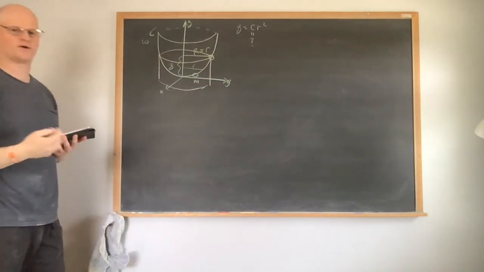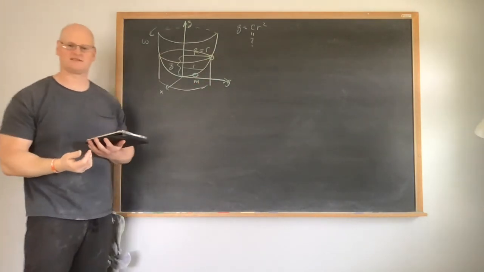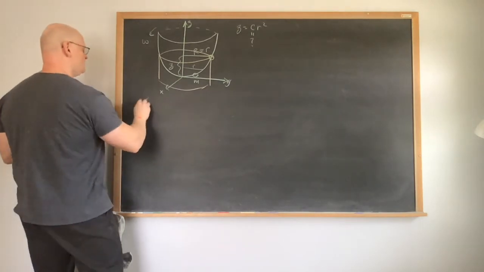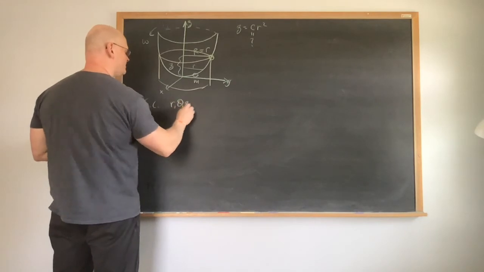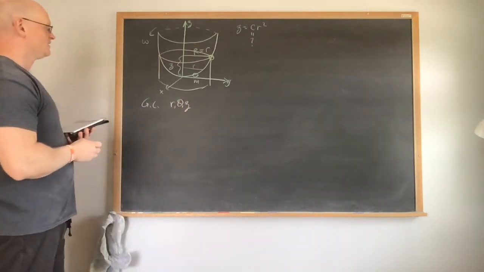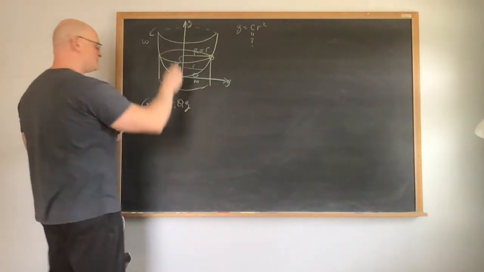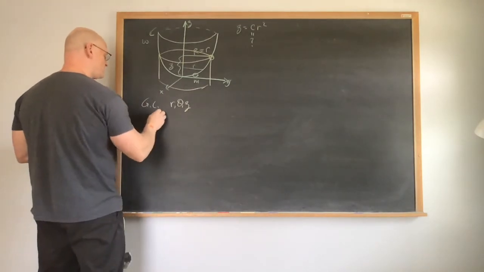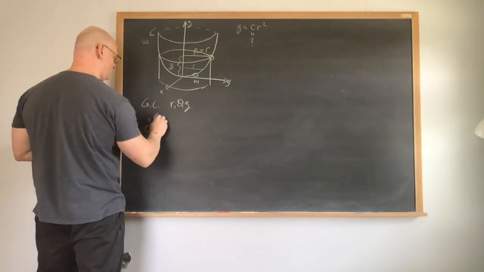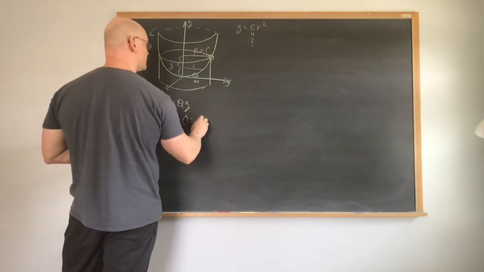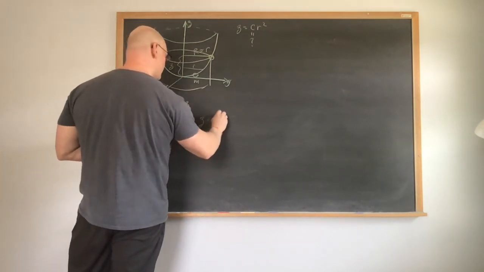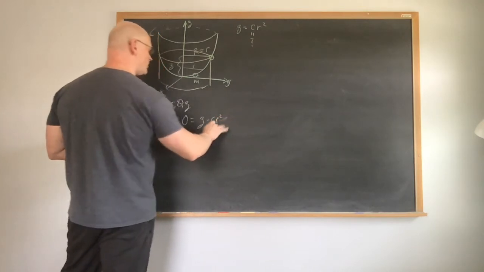Which means that, again, our generalized coordinates we can use are those of just cylindrical symmetry. So the generalized coordinates we're going to choose in this case are r, theta, and z. Our constraint in this case is simply this guy. We have a constraint, which goes as g of z and r equal to 0, which is then z minus c r squared equal to 0.